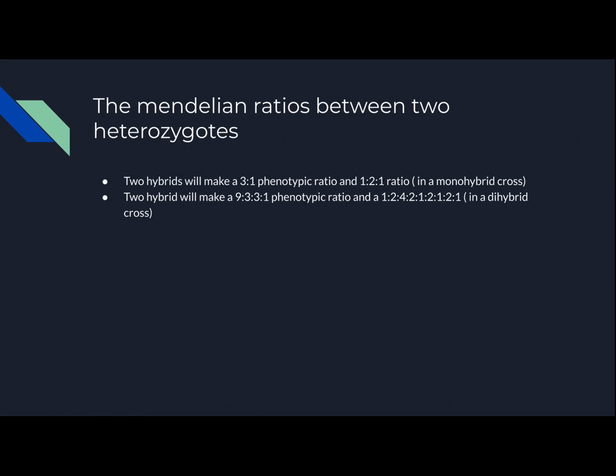So that's a common example for that Mendelian ratio. And then the genotypic ratio for the dihybrid cross is 1-to-2-to-1-to-2-to-4-to-2-to-1-to-2-to-1. It's actually really not hard to memorize because the 1-to-2-to-1 repeats 3 times in that specific order.